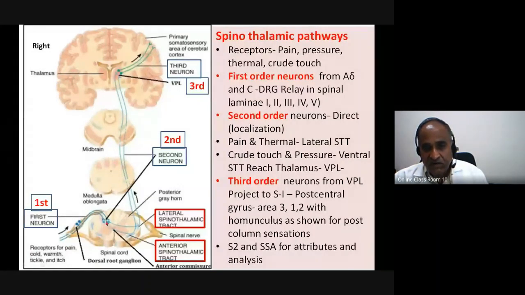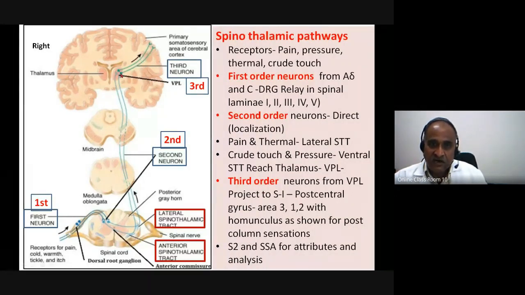These are the second order neurons. Their axons ascend as the spinothalamic tract. The pain and thermal sensation ascend as the lateral spinothalamic tract, crude touch and pressure as the ventral spinothalamic tract. They reach VPL, the ventral posterior lateral nucleus of the thalamus, and from there the third order neuron begins.